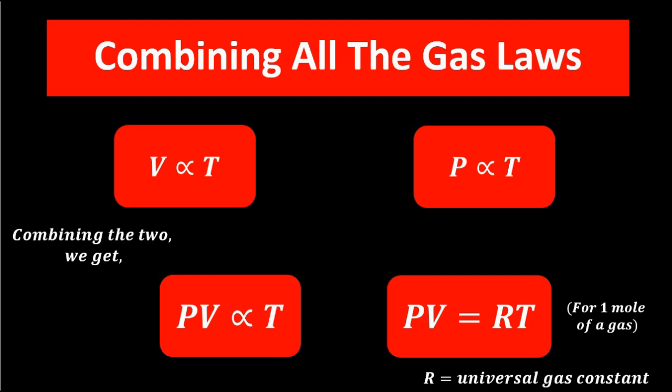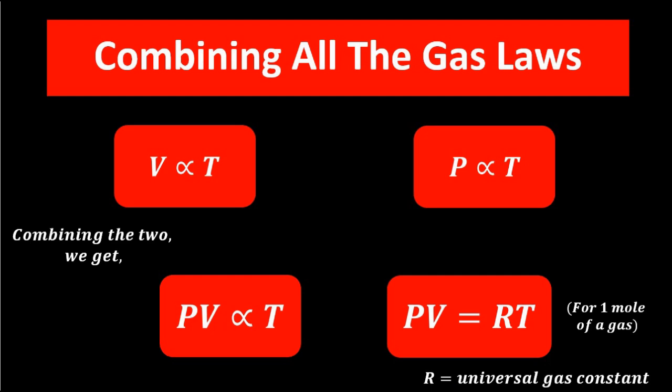Again, PV is a constant at constant temperature, volume is directly proportional to temperature at constant pressure, and pressure is directly proportional to temperature at constant volume. If we combine all of them, we will get PV is equal to RT, where R is a constant of proportionality which is called the universal gas constant.